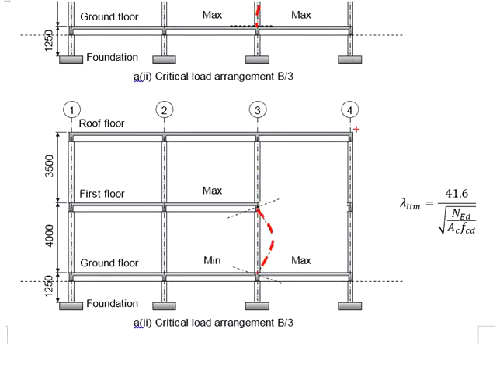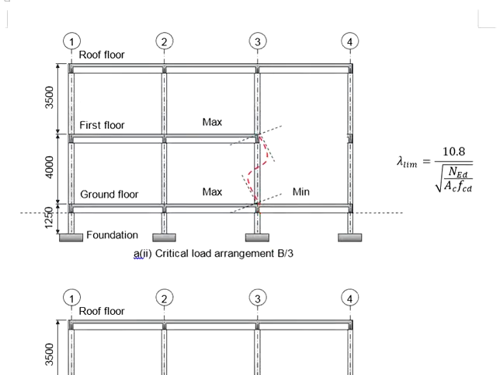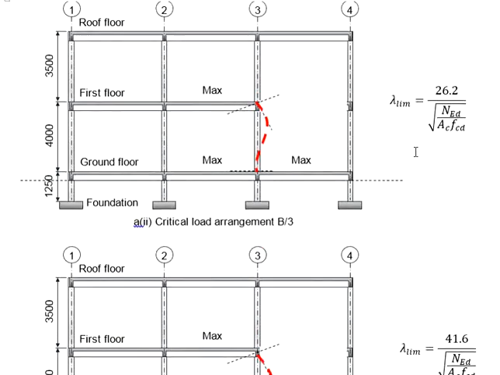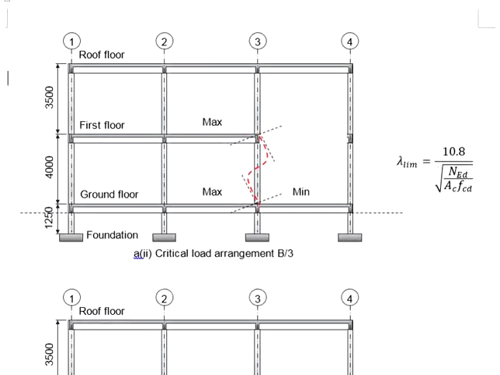In the case that this span is longer than this span, you will arrange it otherwise. Now the maximum shall be here and the minimum shall be here. So in this case, both cases are valid. Both can happen in this structure.